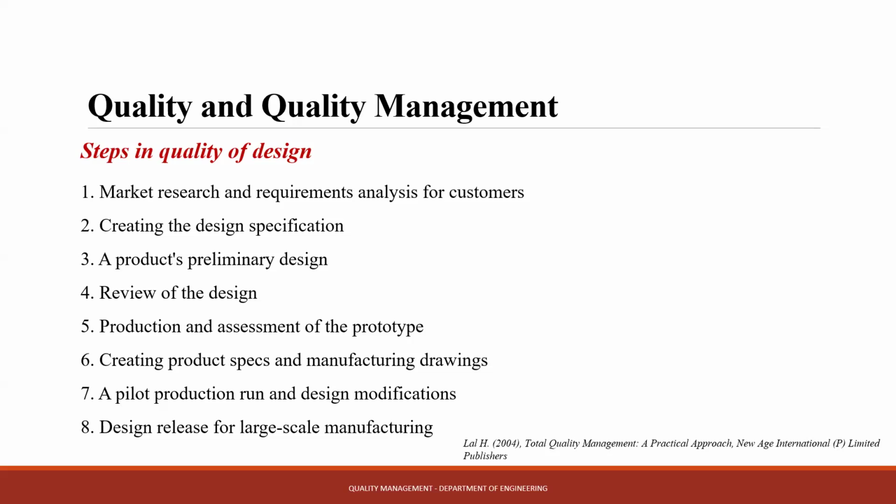Then moving on to the fifth stage, that is where we conduct the production and the assessment of the prototype, right? So at this stage, what we do is a prototype should be built and that prototype should be tested, right? That is the early version of the product, right?